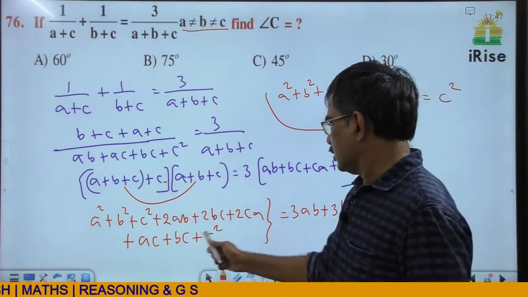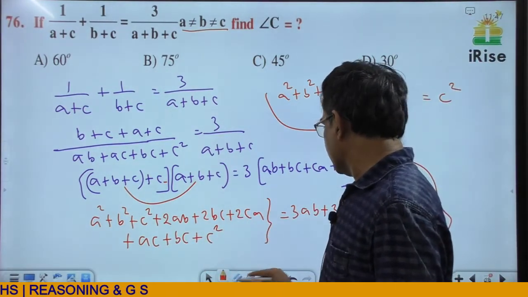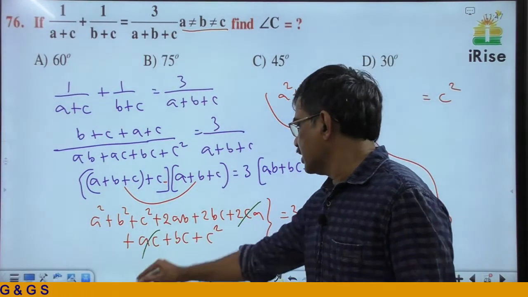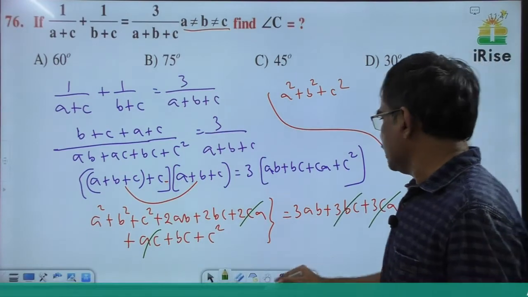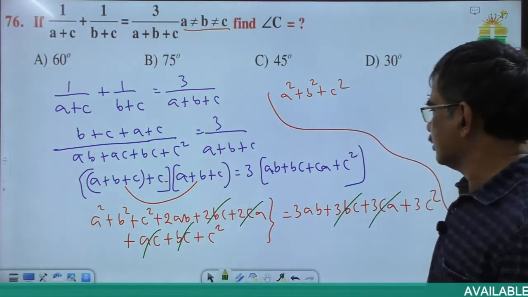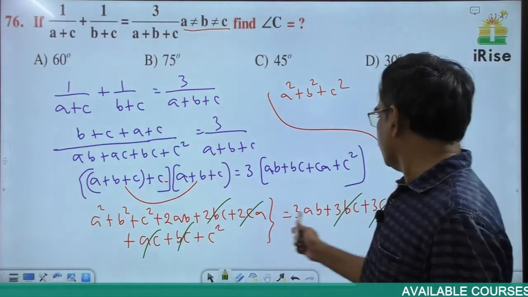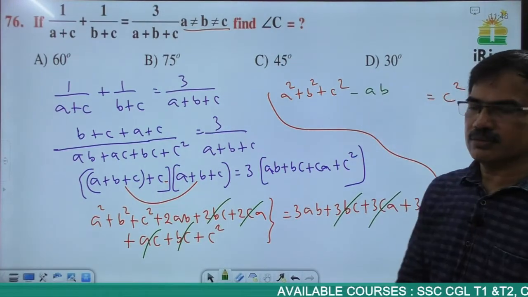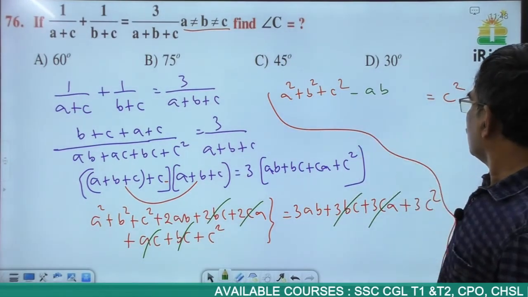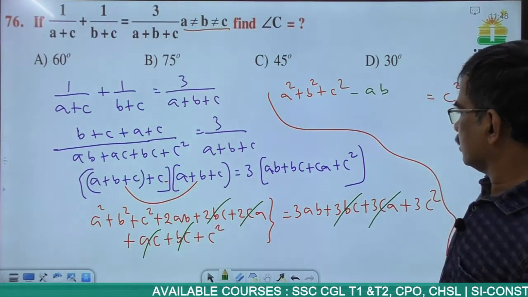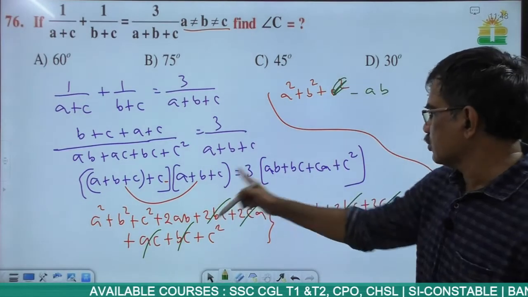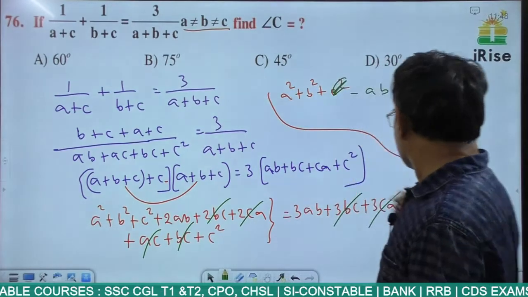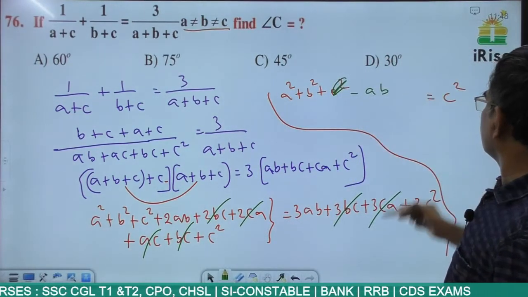Here 3ca, 2ca plus ac cancel; 3bc, 2bc, bc cancel. This is plus 2ab minus 3ab, which is minus ab is equal to c square. The 2c square is transferred. So a square plus b square minus ab is equal to c square.